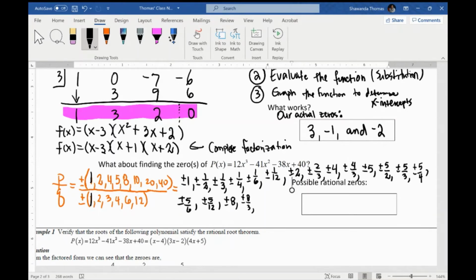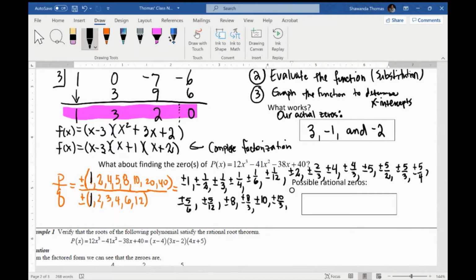All right. We're moving on to what number now? 10. 10 divided by 1 is 10. 10 divided by 2 is 5. We already got it. 10 divided by 3 is 10 over 3. 10 divided by 4 is 5 over 2.